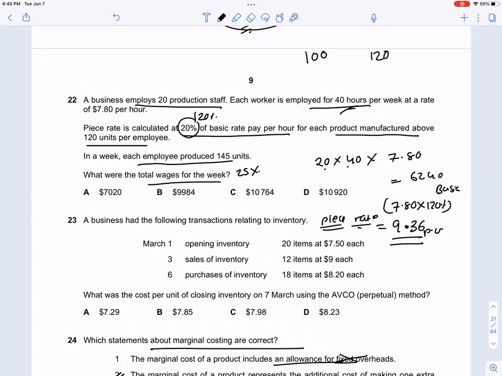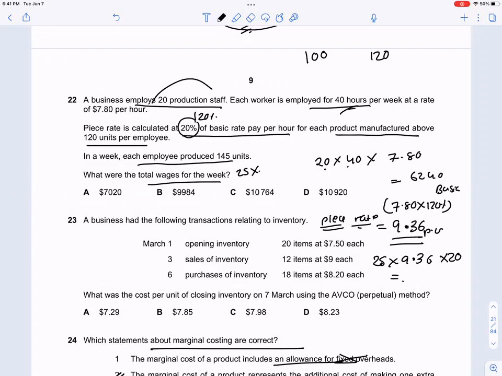Okay. So every worker is producing 25 units extra. For those 25 units extra, we're going to pay them at 9.36. Yes? And how many workers are there? 20. So what is the extra? 9.36 into 25 into 20.